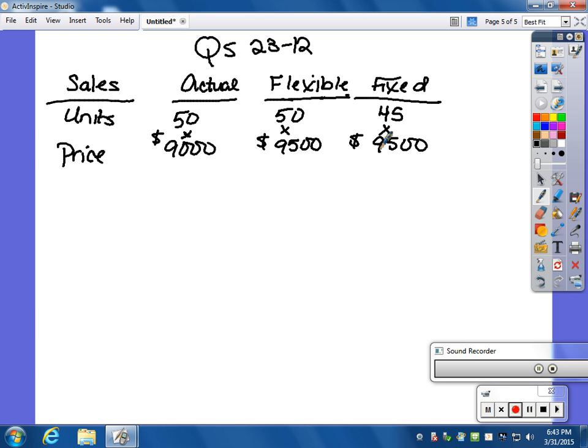And now when you multiply those, what do you get here for actual? 450,000. Flexible? 475,000.